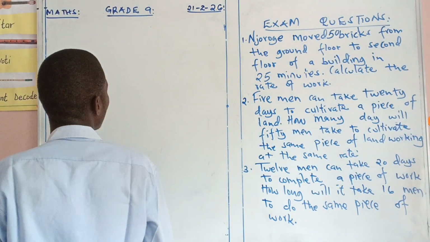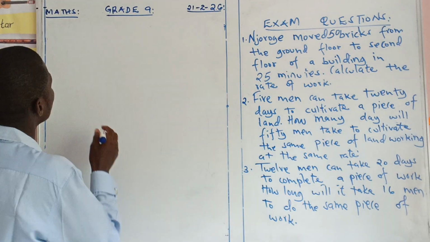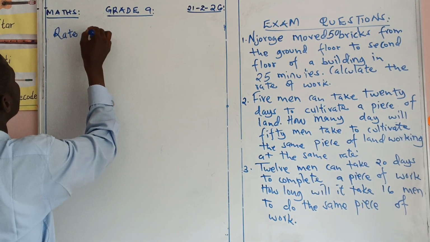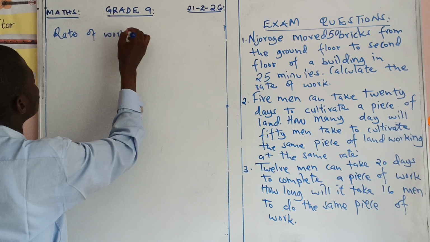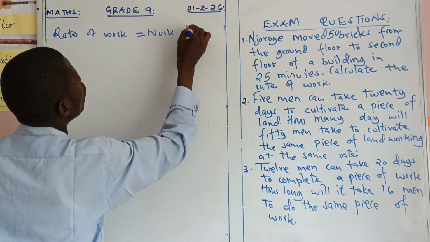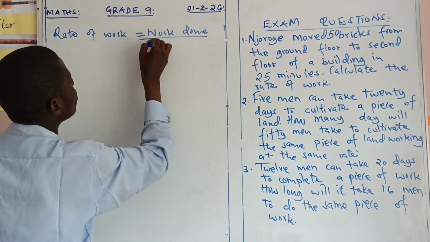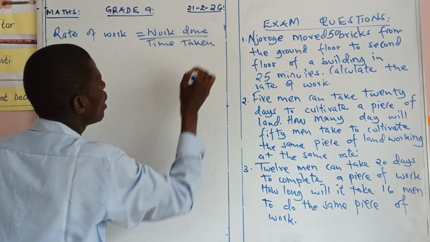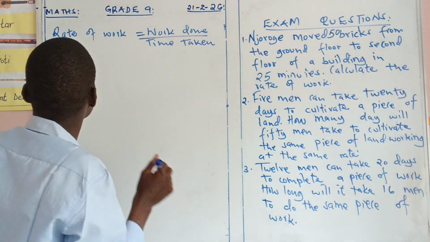So rate of work is equal to work done over time taken to do the work. As simple as that, you don't need to struggle.